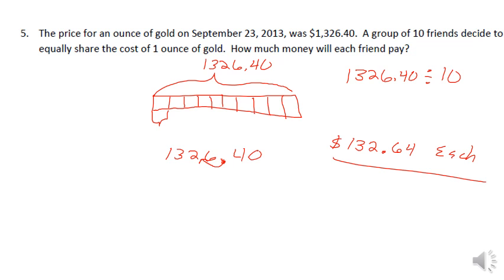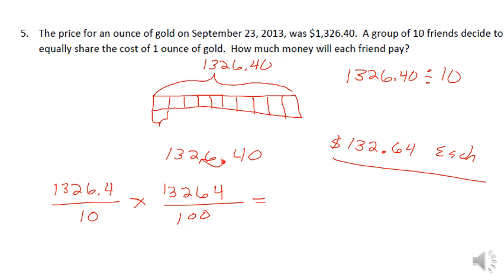Now let's see if we did it the way that we've been doing it in class for this lesson. If I have 1,326.4 divided by 10, I know that if I want to multiply this by 10, I would get 13,264 divided by 100.